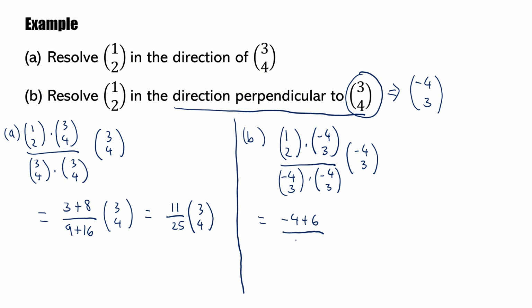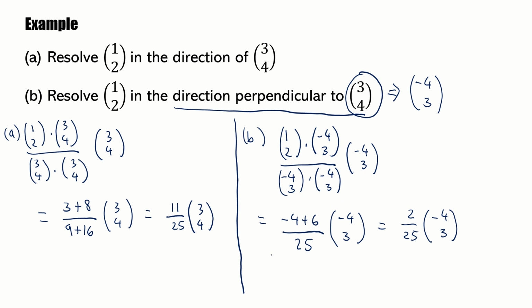So therefore I already know the denominator of this fraction will be 25 because I'd worked out the denominator to be 25 previously. And then therefore this is how many lots of minus 4, 3 we're now going to have. So we have as a final answer 2/25 lots of minus 4, 3. So we've now resolved 1, 2 in the direction minus 4, 3, and that's the resolving done, ready for you to do whatever it is you're trying to do with this vector.